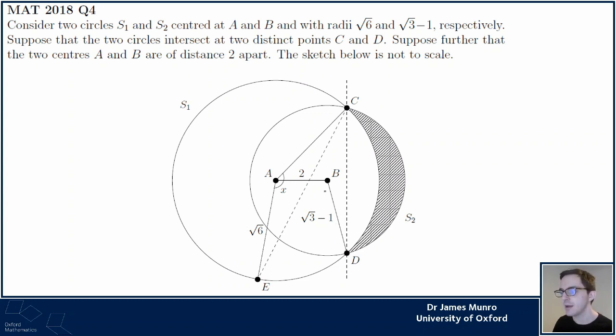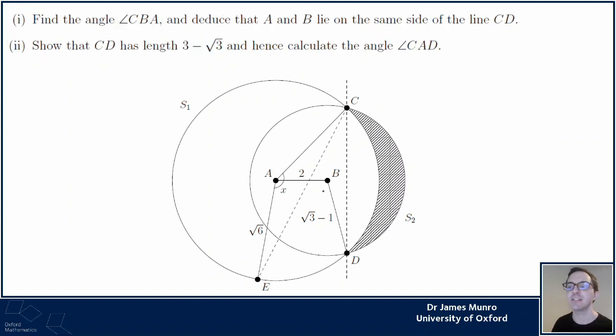Okay, let's read the first part of the question. We're asked to find the angle CBA, which is the angle here between CBA. So I'm going to draw a separate diagram pulling out the relevant bit of this picture, which is going to be a little triangle with the angle CBA in it.